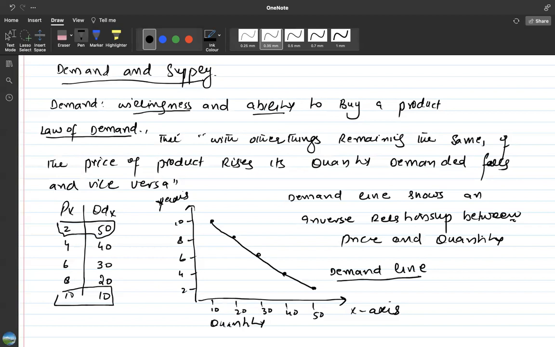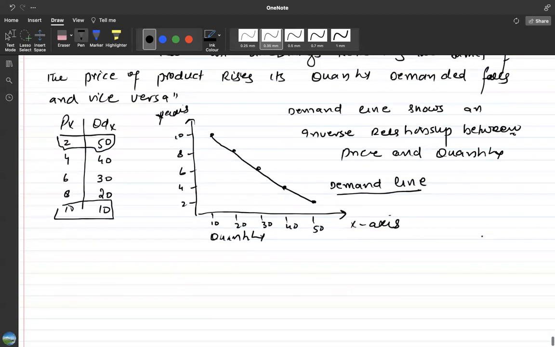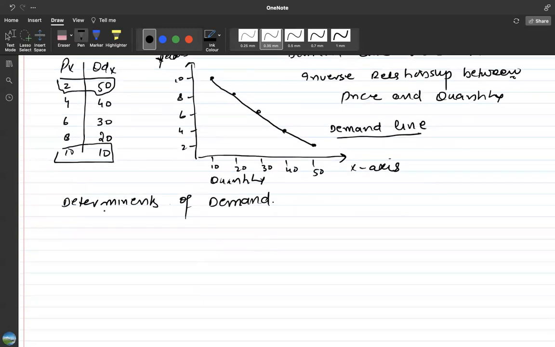Now we are going to study the determinants of demand. I mean, the factors on which the demand line, the demand graph, or the demand law is dependent. First of all, income of consumer.